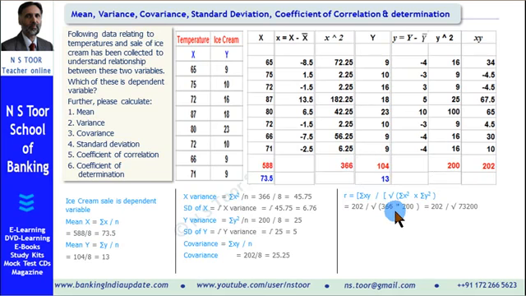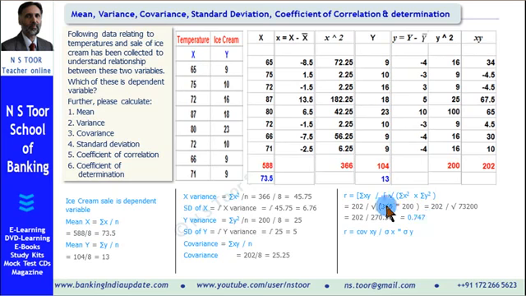So we make the simplification and we get the correlation. This is 0.747. What is indicated by correlation? Correlation indicates that there is a relationship between x and y, and it is positive relationship. And what is the degree of this relationship? The degree of this relationship is moderate. It could be very high when it is nearing 1. It is very low when it is nearing 0. And this is moderately high.